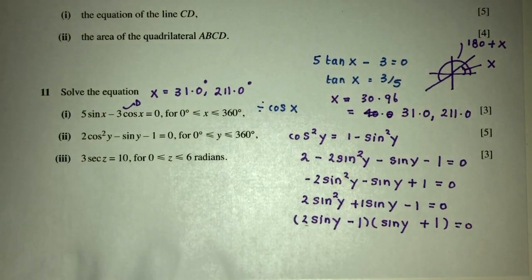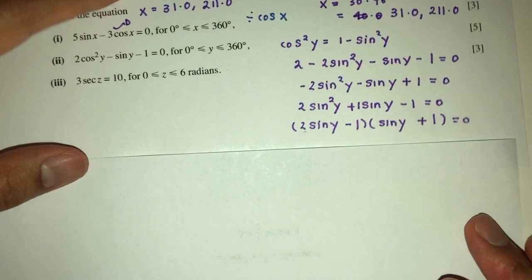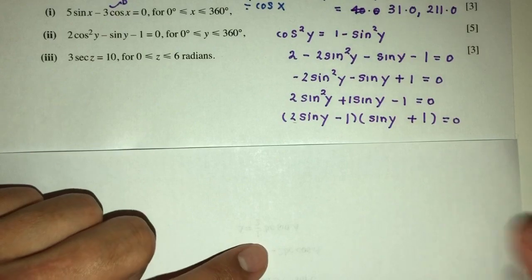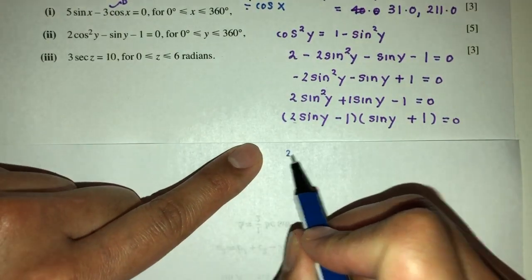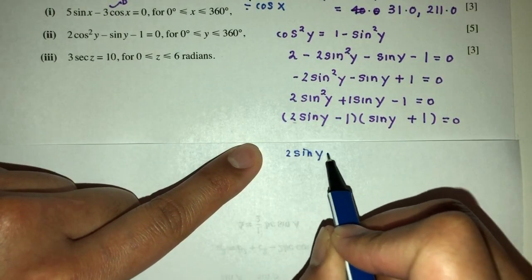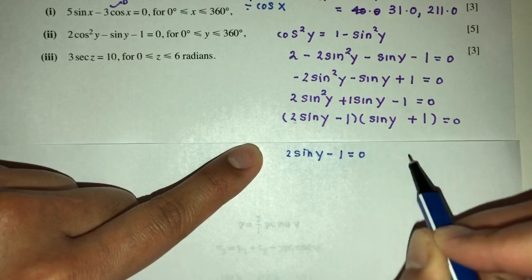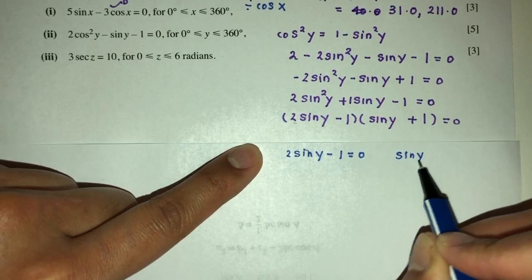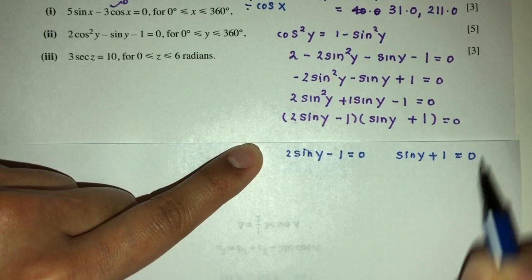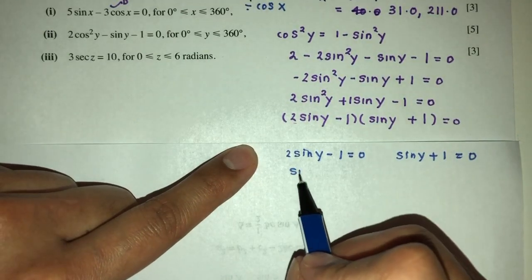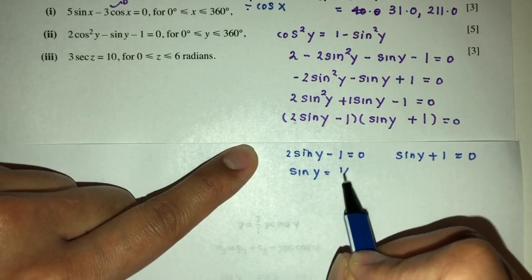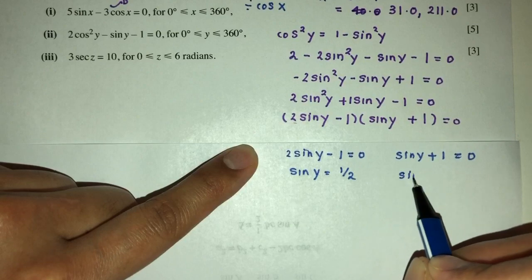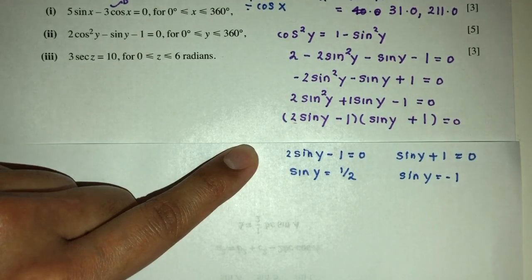So now we have two values possible. Let's continue on a different page. So right now I have 2 sine y minus 1 is equal to 0, or sine y plus 1 is equal to 0. So sine y is equal to half, and sine y is equal to minus 1.